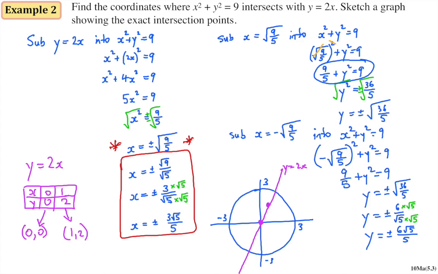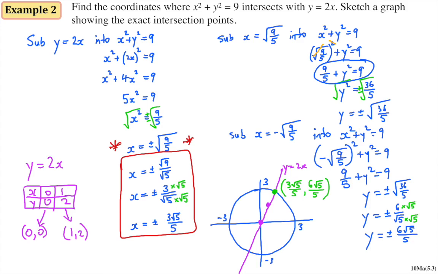This point here is one of the points of intersection. It's in the positive x direction and the positive y direction, so that point there is 3 square root 5 over 5, comma, 6 square root 5 over 5. Where did I get that from? I got that from the positive answer here and the positive answer here, or here.